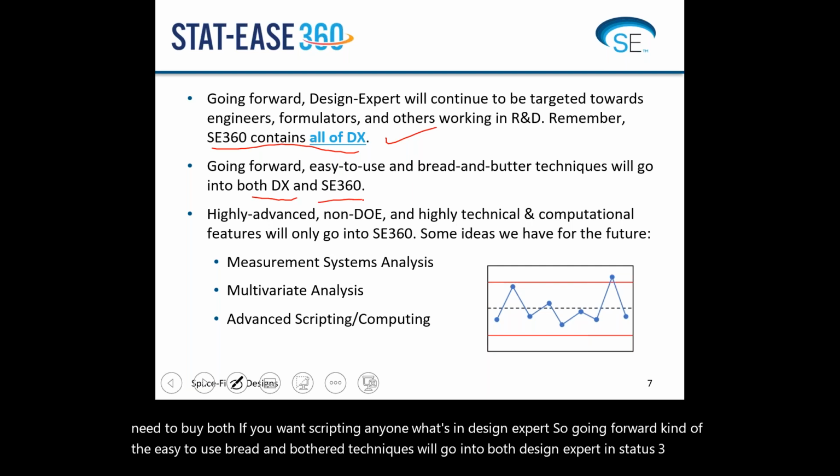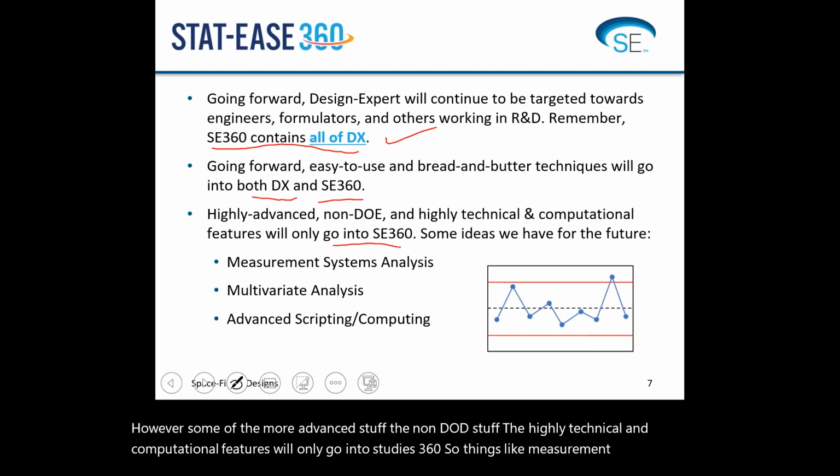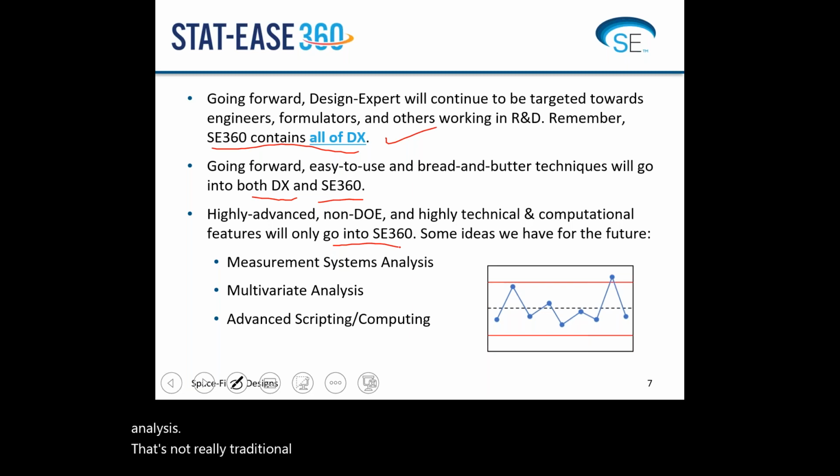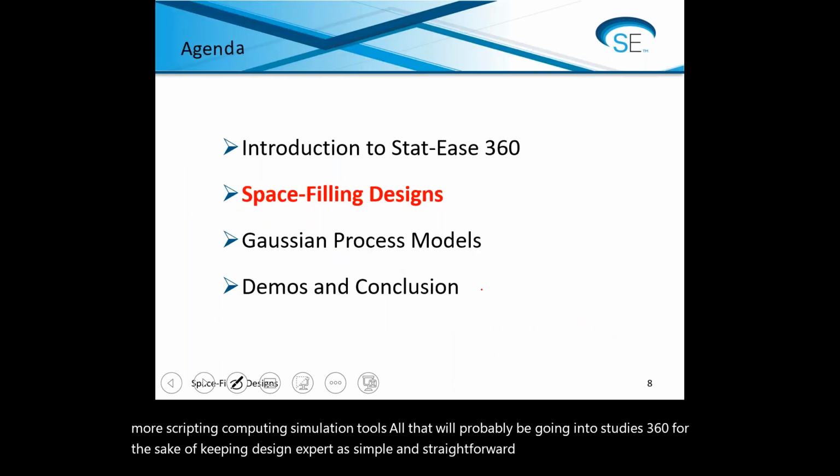However, some of the more advanced stuff, the non-DOE stuff, the highly technical and computational features will only go into Statist 360. So things like measurement system analysis, that's not really traditional DOE. It's related to DOE. Things like multivariate analysis, more scripting, computing, simulation tools, all that will probably be going into Statist 360 for the sake of keeping Design Expert as simple and straightforward as possible.